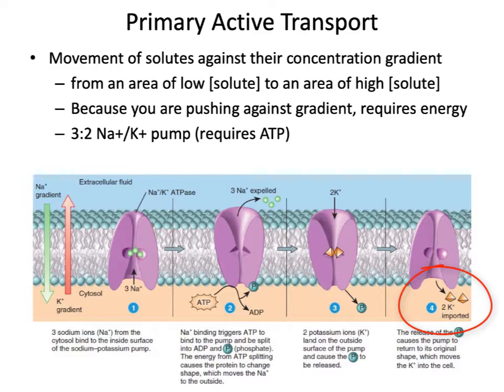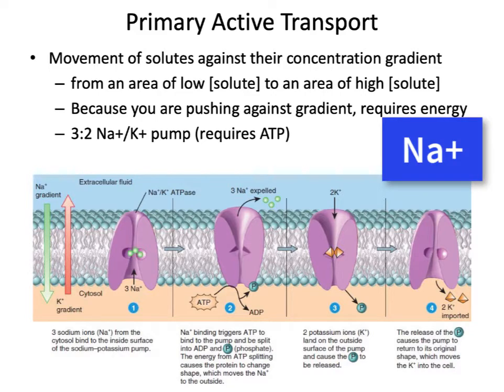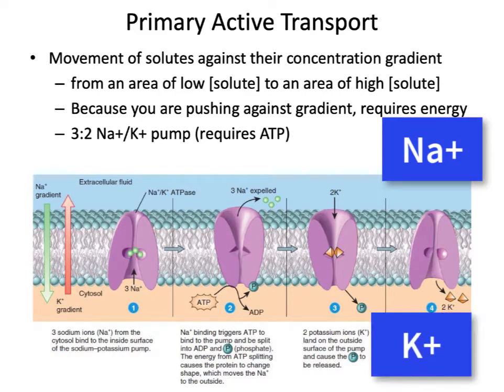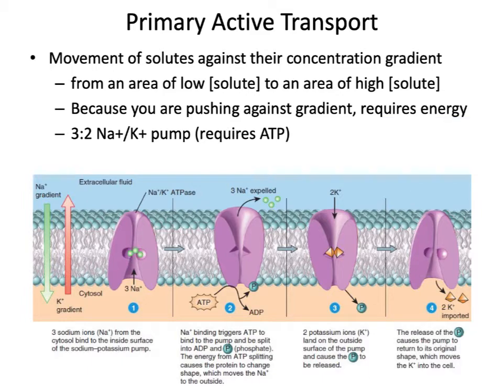In this way, the cell can maintain a gradient for both sodium and potassium, high sodium outside the cell and high potassium inside the cell. This is called primary active transport because the hydrolysis of ATP is directly used to power the pump.